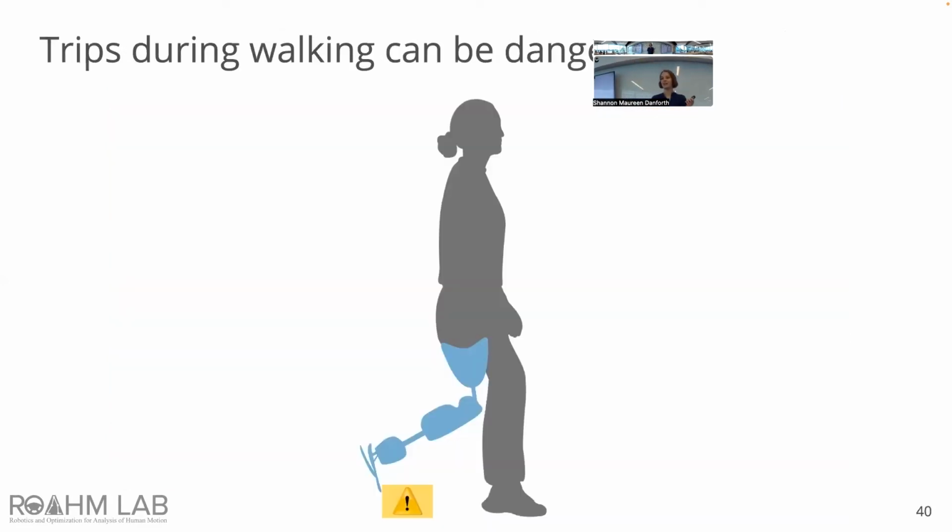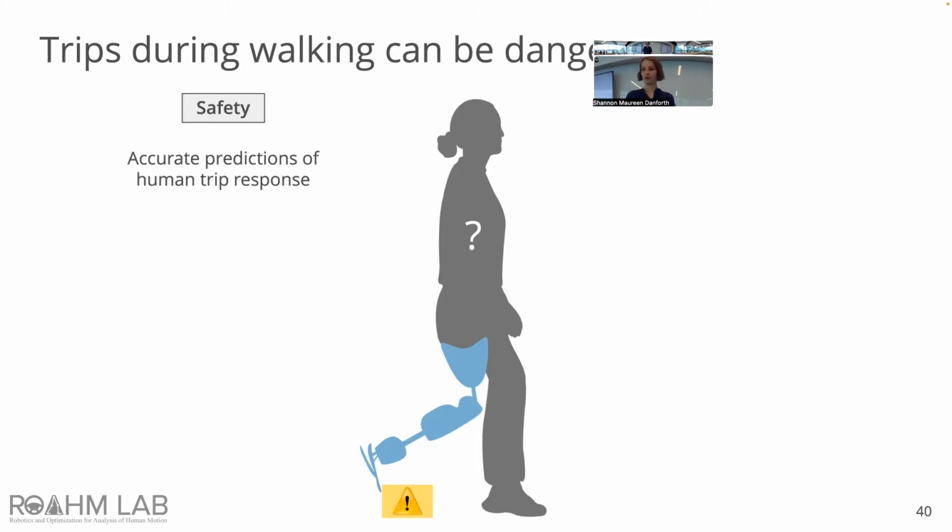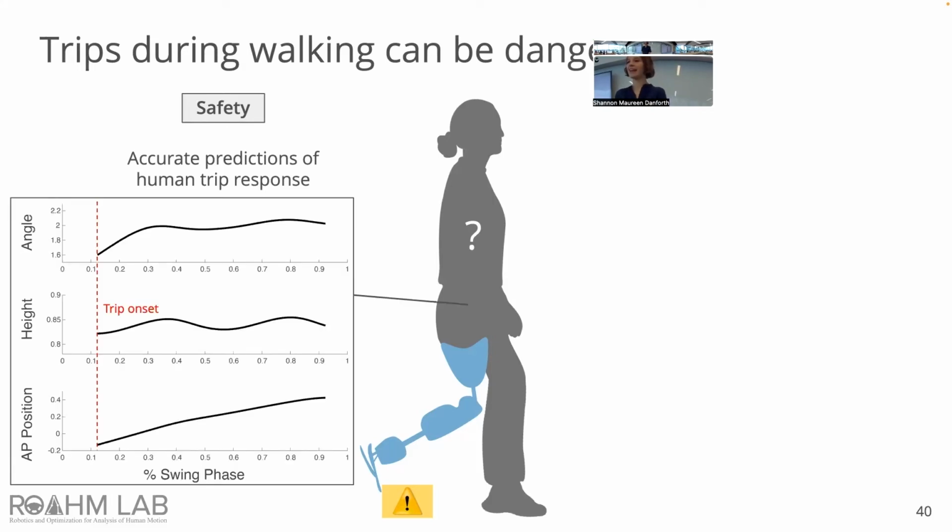However, if an unexpected trip occurs during walking, these robotic prostheses can also pose a safety risk because they can supply very powerful torques. And so in order to ensure safety during trip recovery, we need accurate predictions of how the human will respond to a trip. And in this chapter, I focus on predicting variables of the swing hip, particularly the hip angle, hip height, and the hip anterior posterior position, which just means forwards and backwards position.